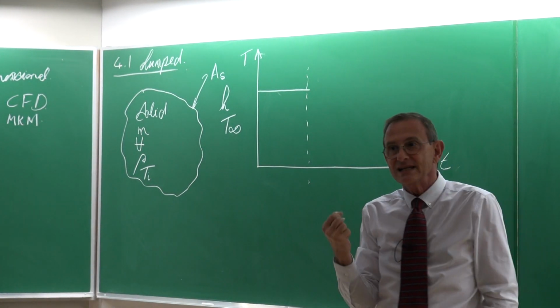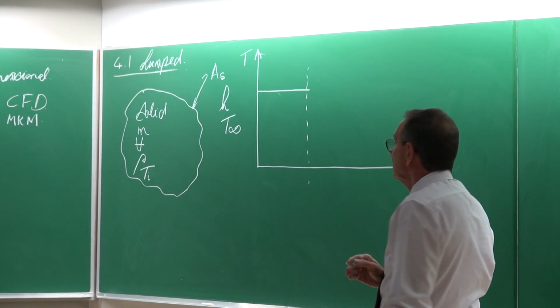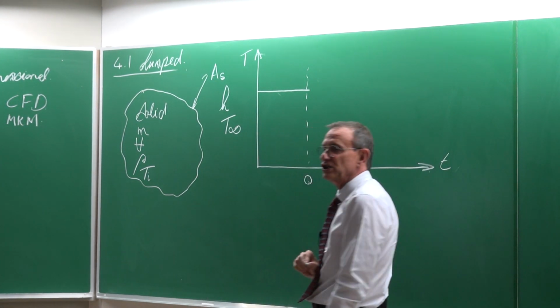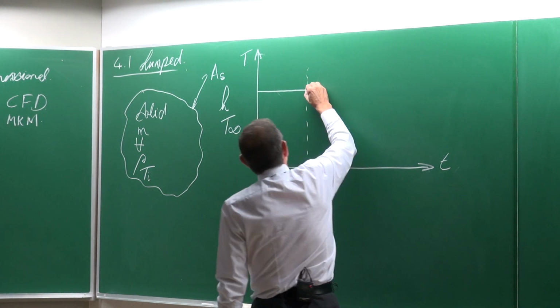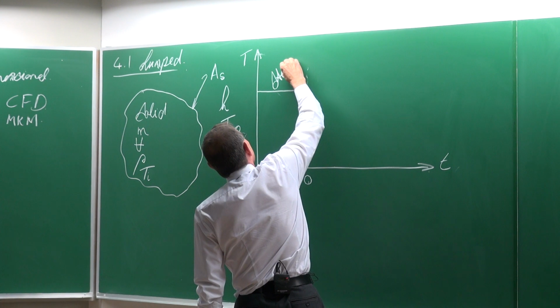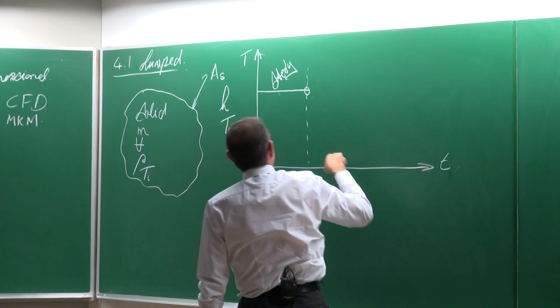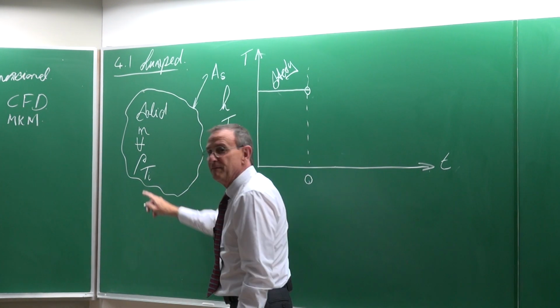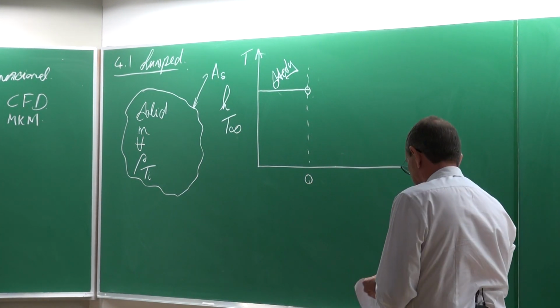So the body is in a steady state situation before at t equals 0 it is going to change. So before that, it is in a steady state condition, and now it is going to change because this temperature is different than that temperature.